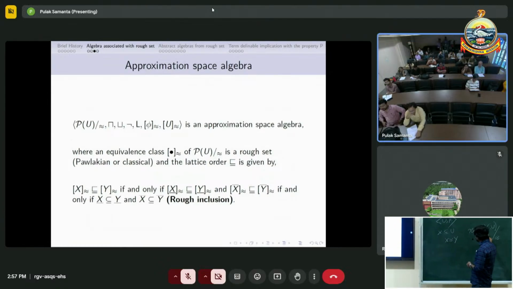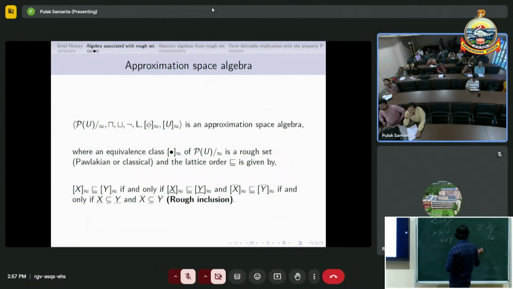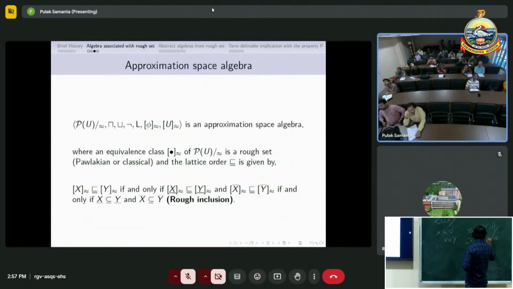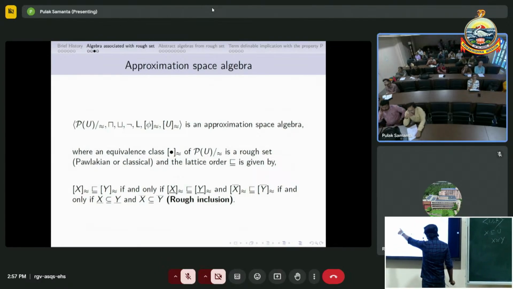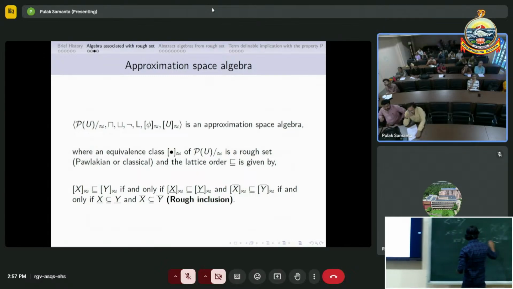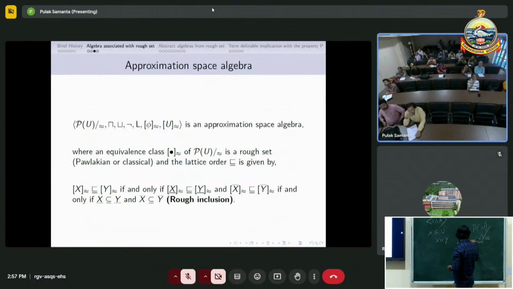Within this we define, on the classes, operations like intersection and union.